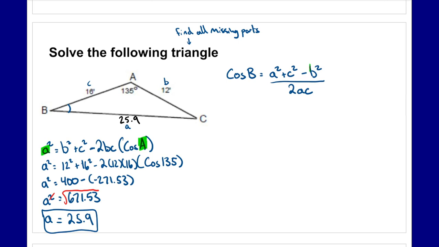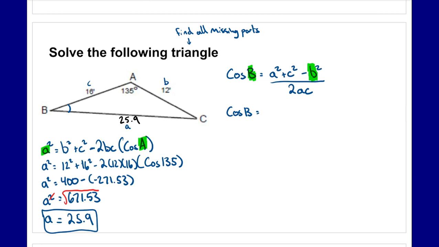So again, the main thing is that this is paired up with this. The angle that we're looking for, the side pair of it goes into the subtracted term. So cosine B, we don't know, is equal to a squared plus c squared minus b squared.